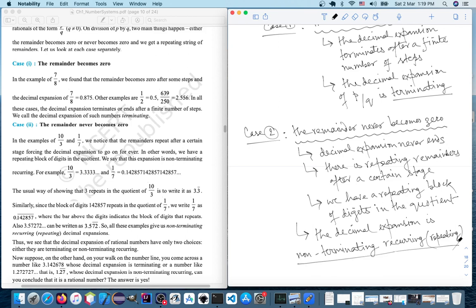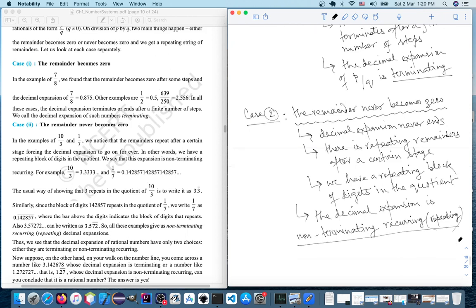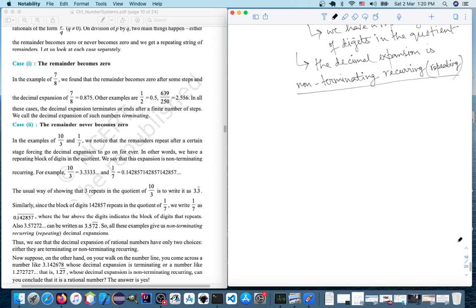So we say that the rational number p by q in this case has a non-terminating, recurring or repeating decimal expansion. Thus we see that the decimal expansion of rational numbers has only two choices: either they are terminating or non-terminating recurring.